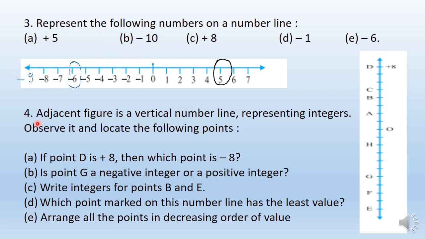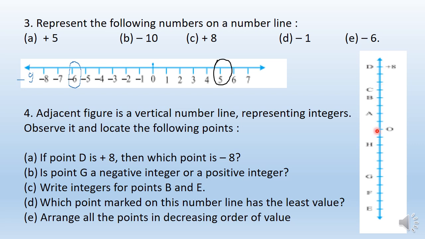Question number 4. The adjacent figure is a vertical number line representing integers. Observe it and locate the following points. See here, the alphabets are given to us in a vertical manner, and here +8 is the value of the placement of this D. Okay, so now we have to solve this. If point D is +8, then which point is -8?